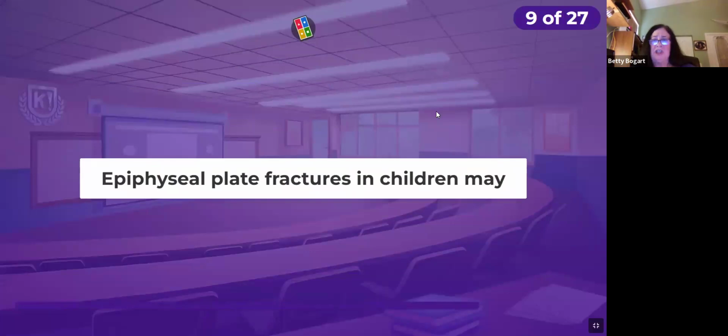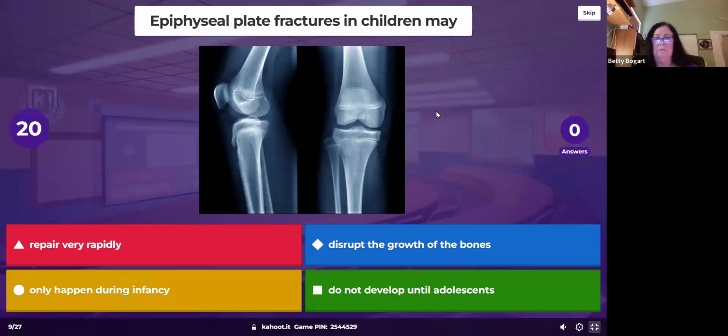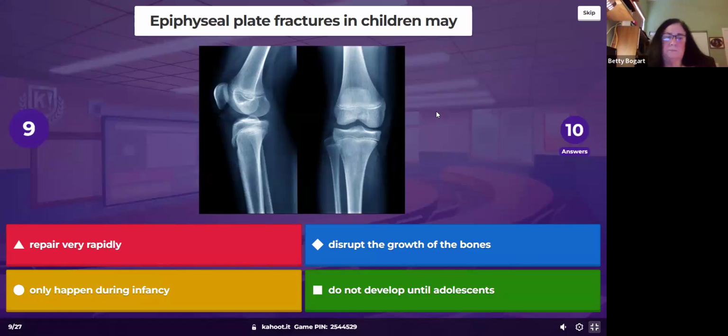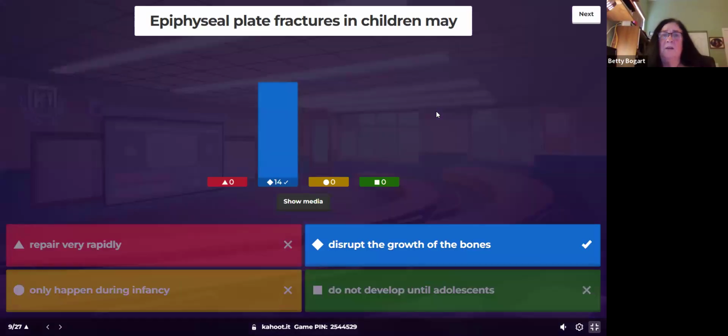Epiphyseal plate fractures in children may what? So epiphyseal plate fractures are all about the growth.